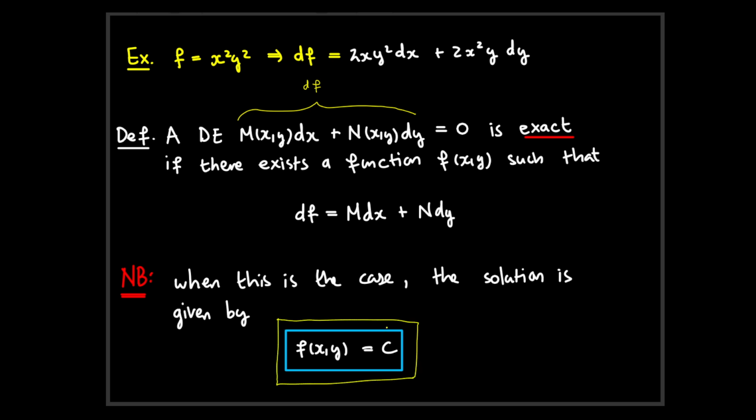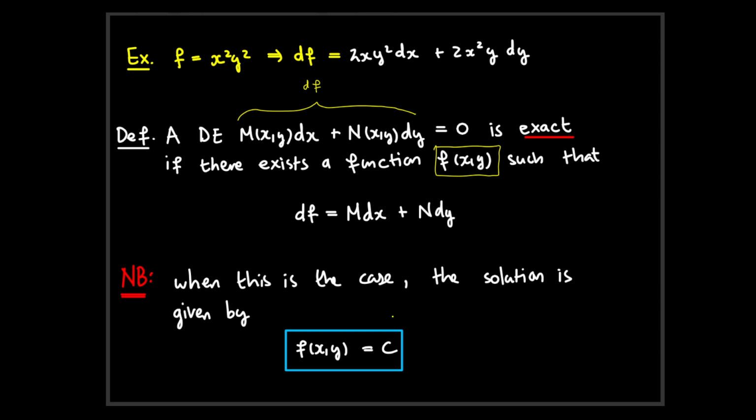So solving an exact differential equation is finding this function f somehow, and then setting that function equal to a constant. And then that is the solution of the exact differential equation. All right, so that's the theory now.